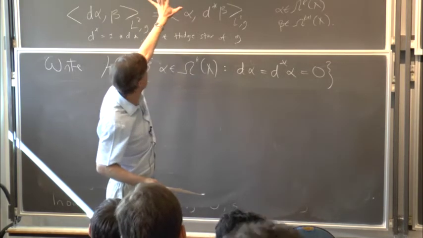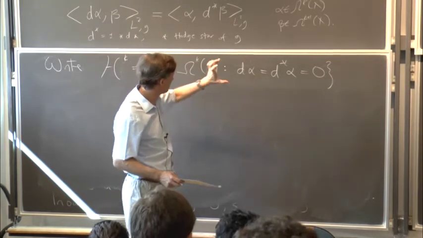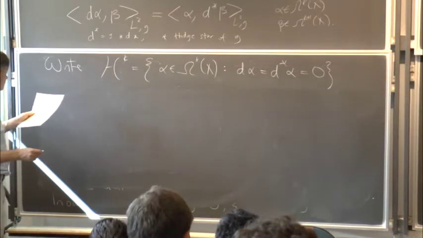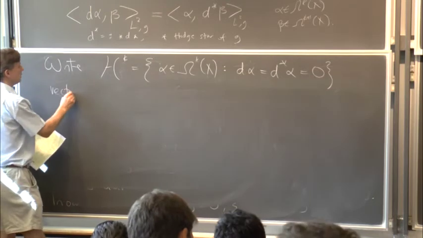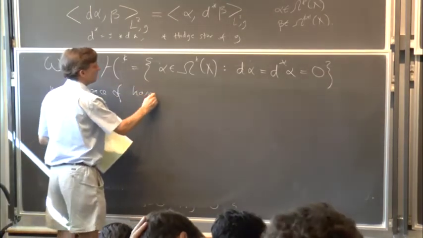Well, we're on a compact manifold, so harmonic might also mean the kernel of dd* + d*d, but it's the same in this case. So this is the vector space of harmonic k-forms.